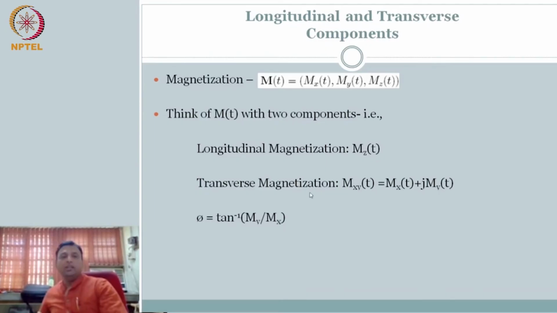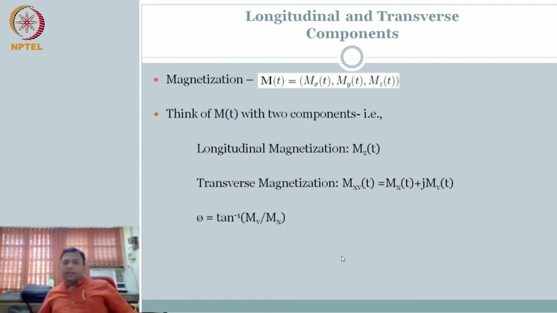It's a complex variable. And of course the phase of that is given by tan inverse of my by mx. But notice carefully what we have done. We have split it into 2 components. One is the z direction, which we call longitudinal magnetization. The other is the magnetization in the floor.